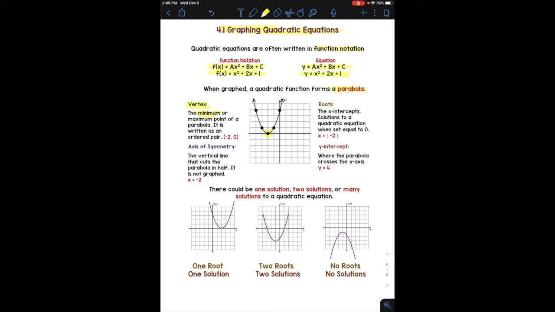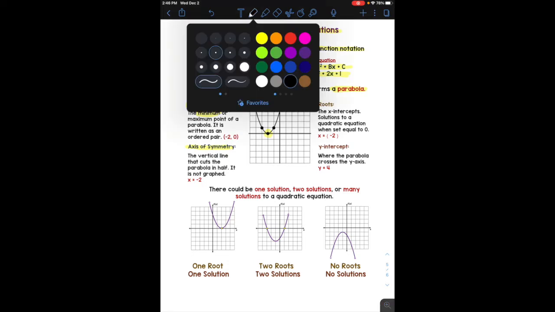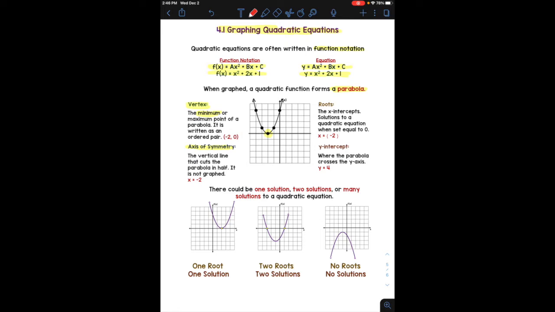The next thing we're going to talk about, especially when graphing, is the axis of symmetry. This is a vertical line that cuts the parabola perfectly in half, so both sides are symmetrical. However, we do not graph this. So in this case, the vertical line that would be the axis of symmetry and cut the parabola in half would be this vertical line.